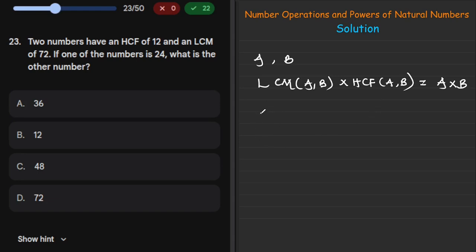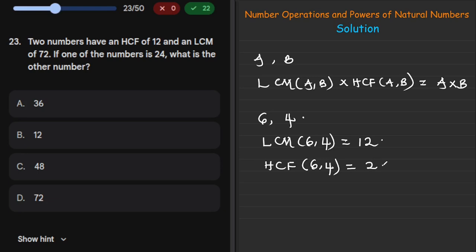So if we have 6 and 4, we know the LCM of 6 and 4 is 12. We also know the highest common factor of 6 and 4 is 2. What is the product of 6 and 4?